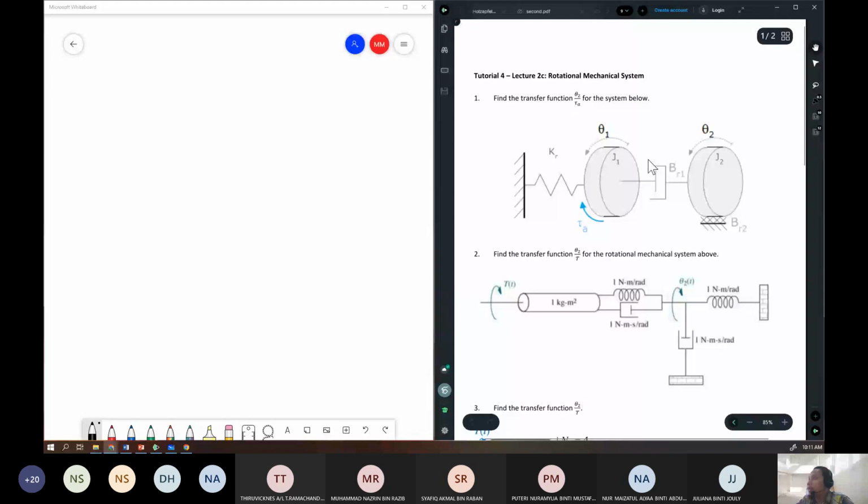Okay, so this system is a rotational system without gearing. So it should be a straightforward system that you can directly derive without having to use any gear ratio or impedance transfer. So let's do this. Let's look at body J1, or theta 1.